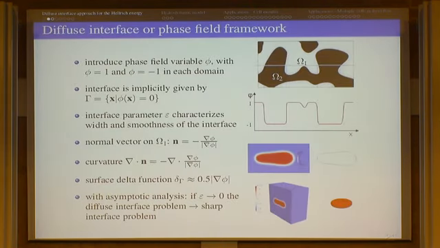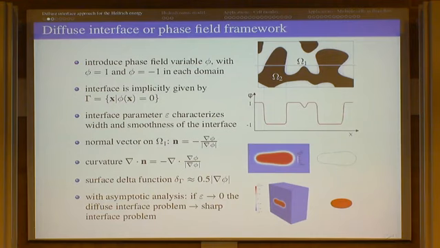Okay, and we want to calculate those models, those optimal surfaces, by using this phase field approach. And here I want to give you a short introduction of this phase field approach. So consider the cell interior or the cytoplasm. It's denoted by the domain omega-1, and then the extracellular matrix is denoted by omega-2.